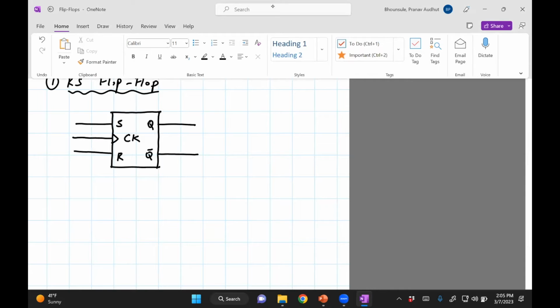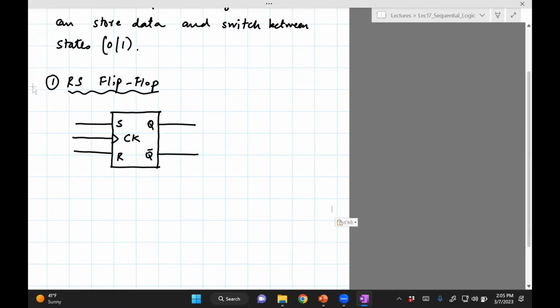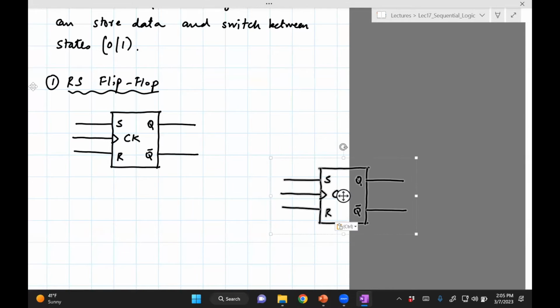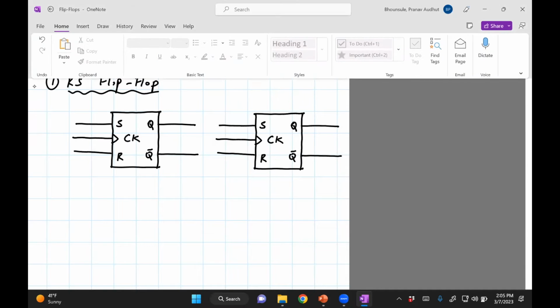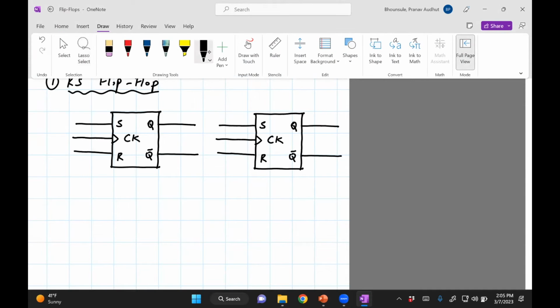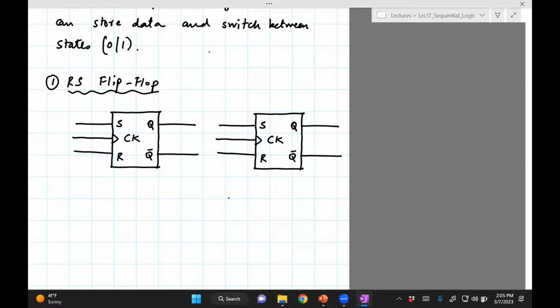So then I'm going to copy paste this because a slight modification of this will give me the next RS flip-flop. Okay, so the change is that I just draw a circle. So what's the circle for?